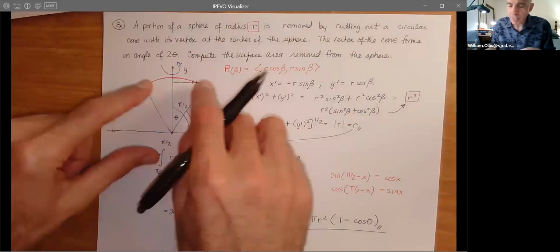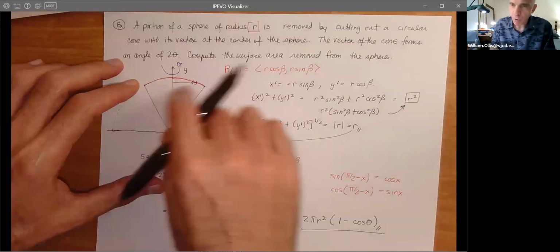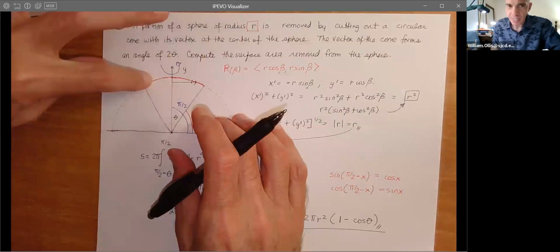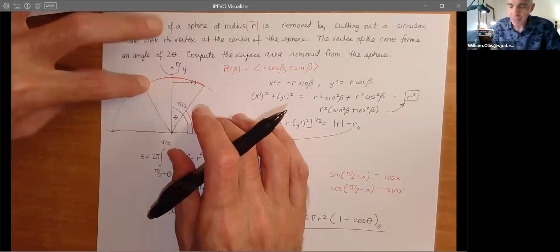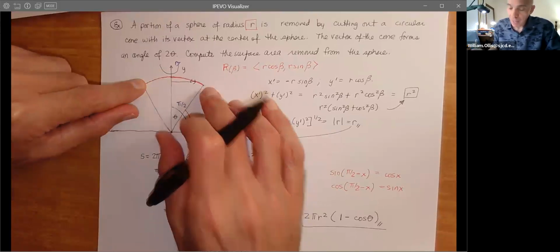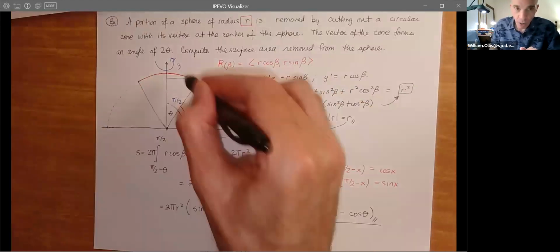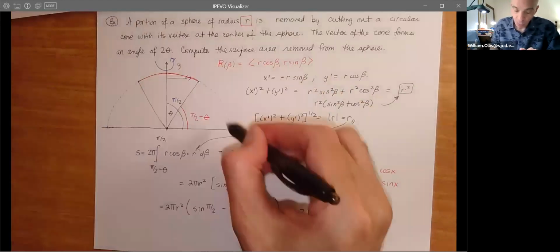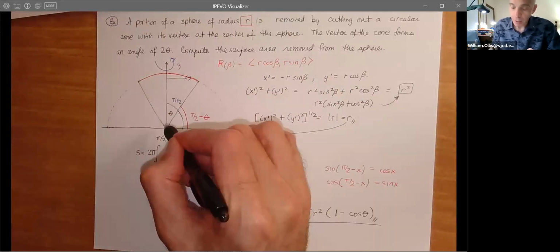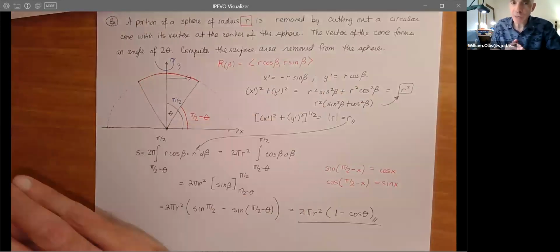It's not necessarily a solid, but when you remove this part, the part of the surface that's removed is this. And so we can just think of this surface as a surface of revolution, very simply using the great circle. Notice I only wrote half of the great circle here because that's all we needed, because the vertex of the cone is at the center of the sphere.